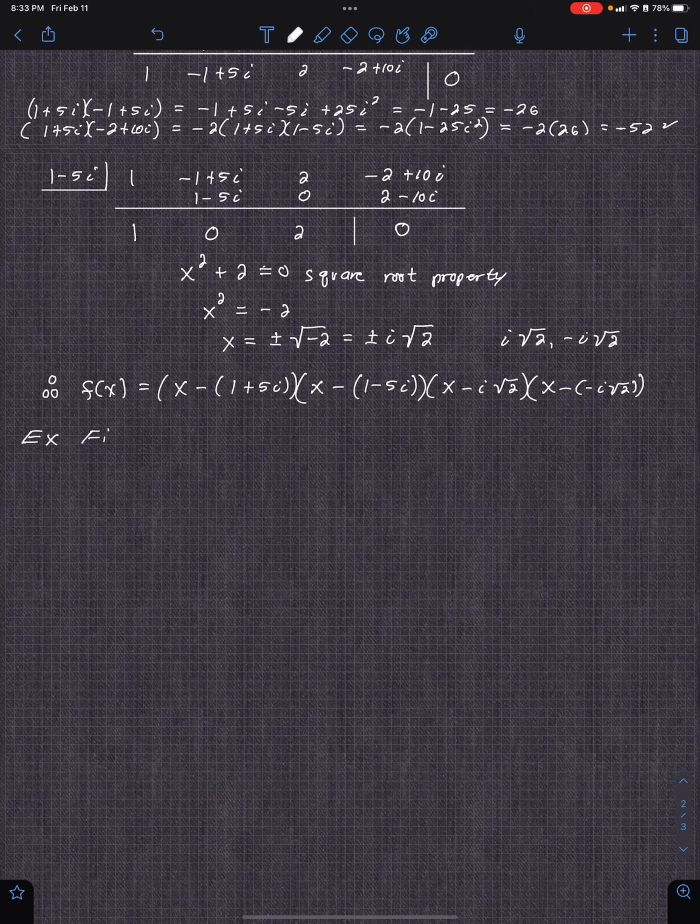Find the zeros and multiplicity of f, factor completely and graph.